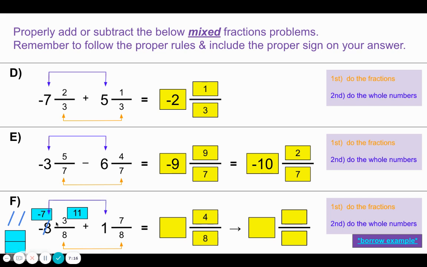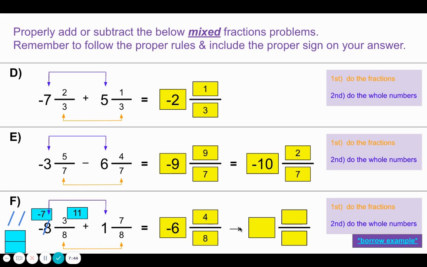All right, now we got to take a look at the whole numbers. Now we have that negative 7 instead, because we had to borrow, the negative 7 and the positive 1. So 7 minus 1 is 6, but there's way more negatives, so it's going to be negative 6. All right, and then this over here is just letting you know that that should be simplified. This could be an equal sign or an arrow, just something indicating there's a little bit more to do.